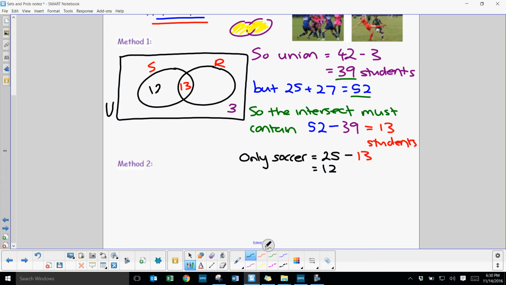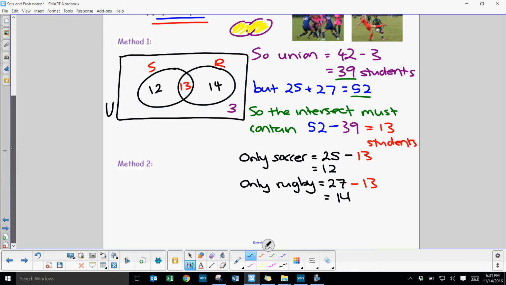There must be 12 that play only soccer, because 12 plus 13 equals 25, and 25 in total play soccer. Now let's work out rugby only. There's 27 in total that play rugby, according to the top of the question. 27 minus 13 will give you how many play rugby only. So there's 14 here that play rugby only.